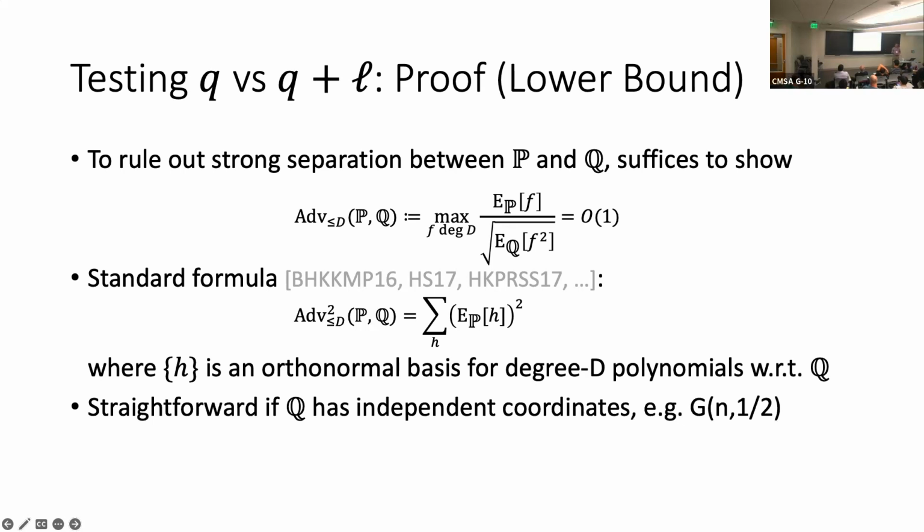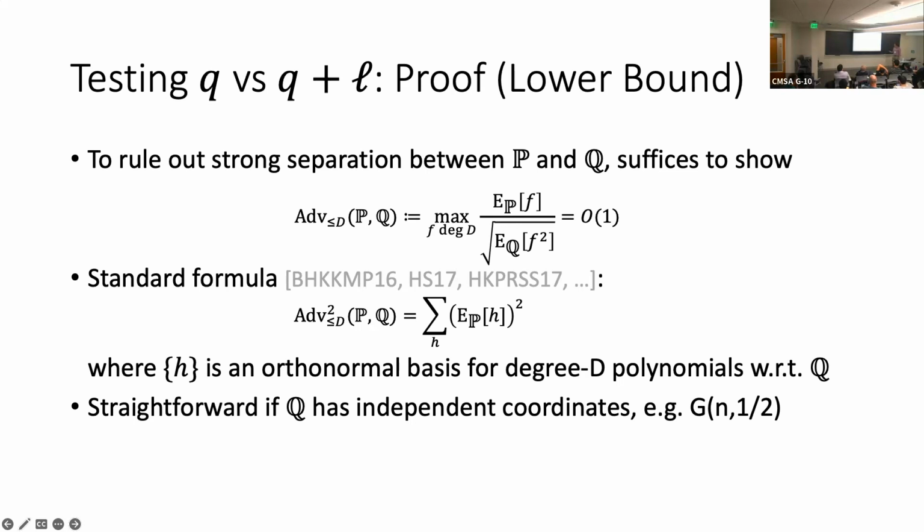If I'm testing, say, an Erdos-Renyi graph versus something else, then this all works out in a straightforward way. I just have to do this explicit calculation. We know how to find the orthogonal polynomials for this. It just boils down to combinatorics.